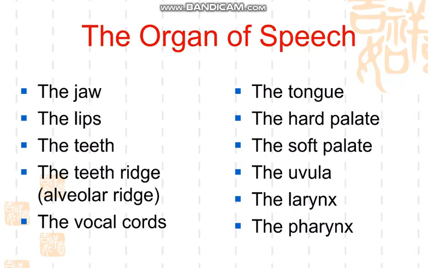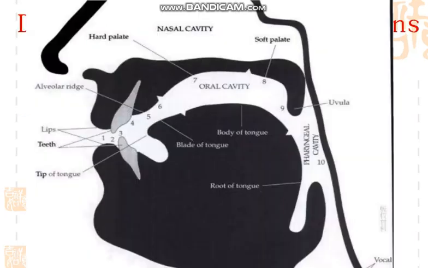There are the jaw, the lips, the teeth, the teeth ridge or alveolar ridge, vocal cords, the tongue, hard palate, soft palate, the larynx, and the pharynx. This is the diagram of the vocal cords and vocal cavity, which shows the transmission of language and how the voice emerges from the mouth with the help of different regions.